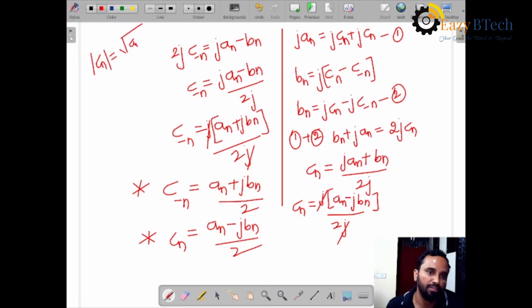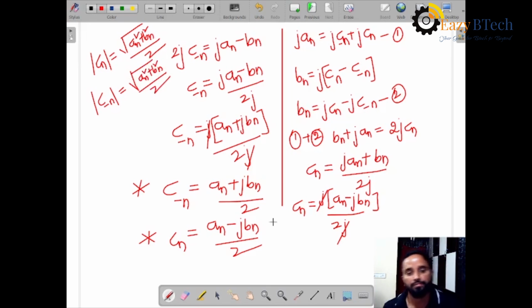Under root of An square plus Bn square by 2. And if you take C minus n magnitude also, same, under root of An square plus Bn square by 2. Magnitude I am writing under root of real part square plus imaginary part square by 2. Here also under root of real part square plus imaginary part square by 2.